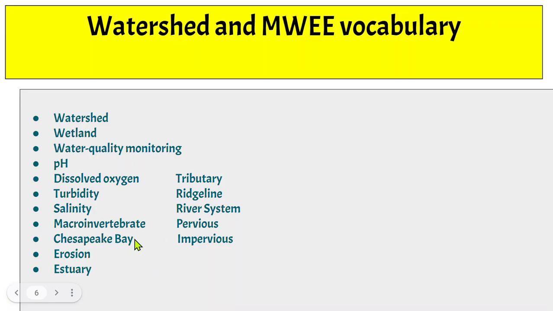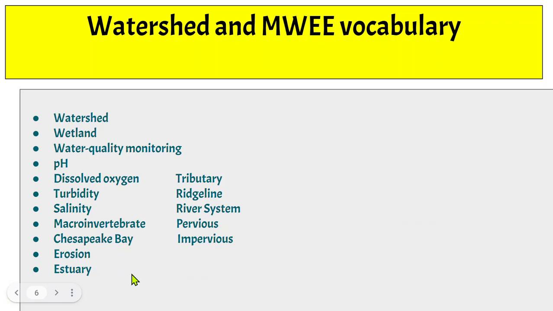Please be able to identify the Chesapeake Bay. Try to remember which of the states have water that goes into the bay, plus also the Washington, D.C. district has water that drains into the Chesapeake Bay. You know what erosion is, and we just mentioned that an estuary is something like the Chesapeake Bay, where we have partly saltwater and partly freshwater.